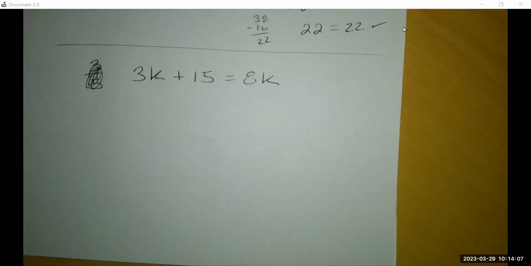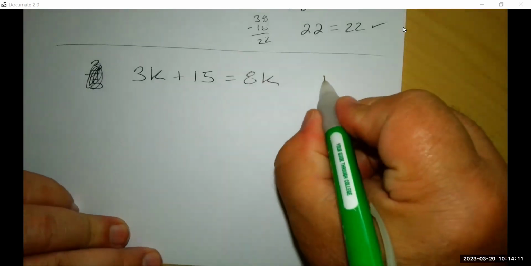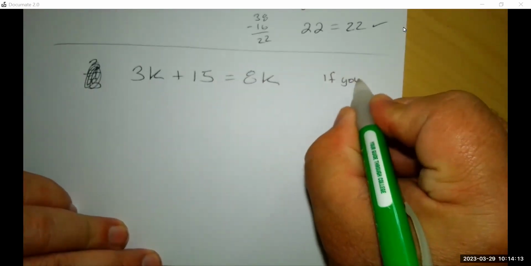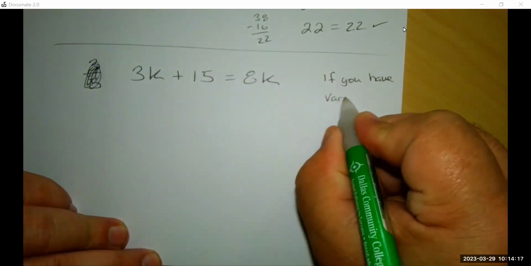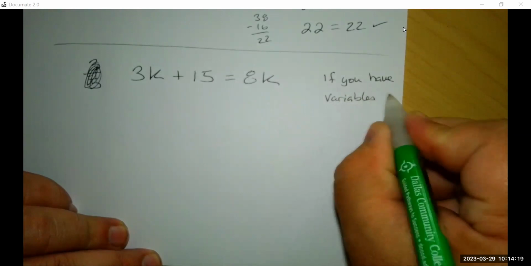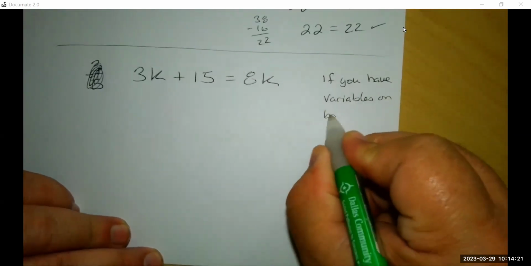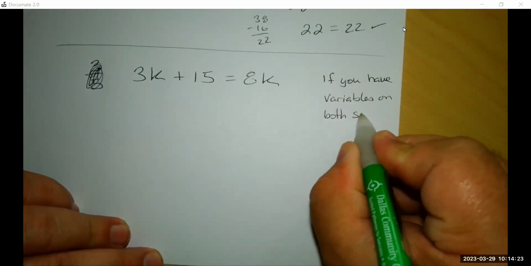What if we have variables on both sides?